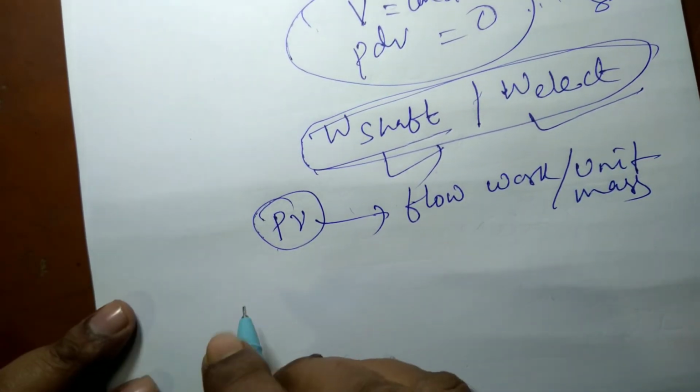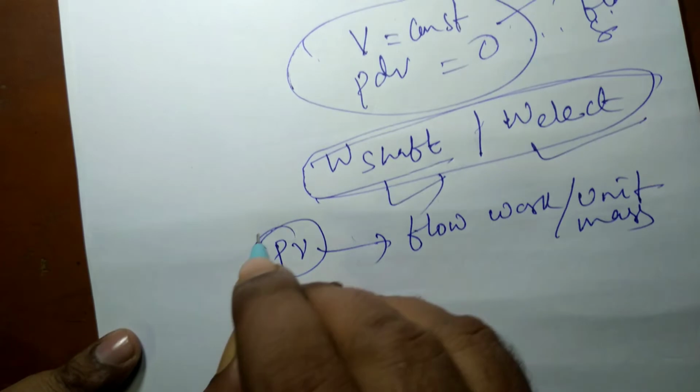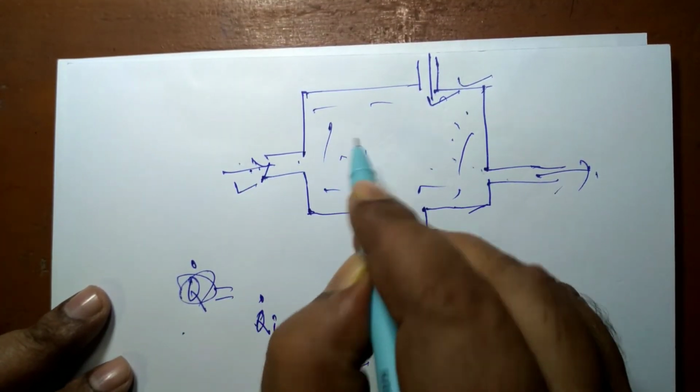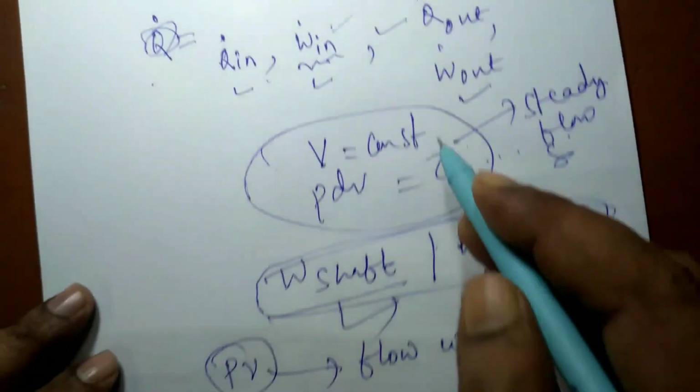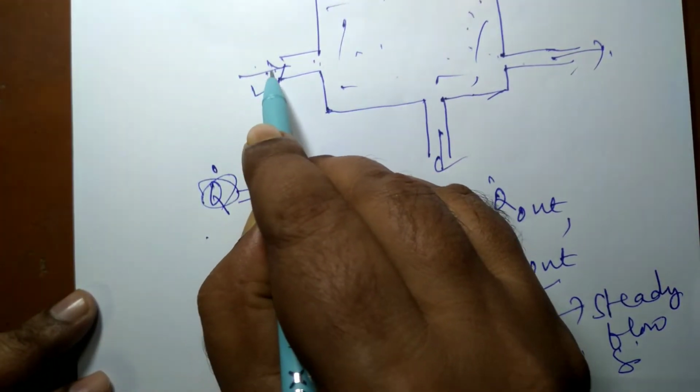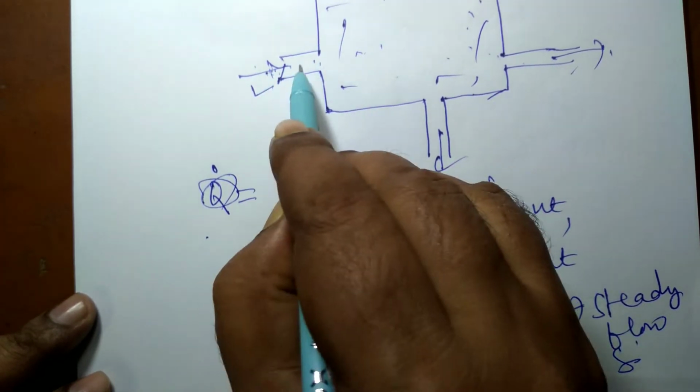So energy of a flowing fluid: suppose during the entering of the fluid into the control volume, what is the energy that comes into the control volume with this flowing fluid?